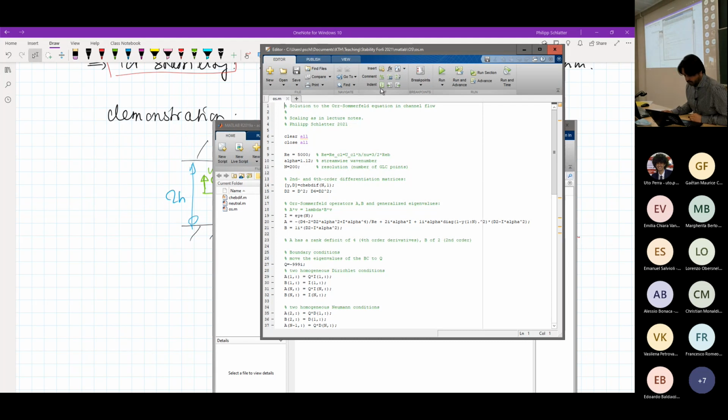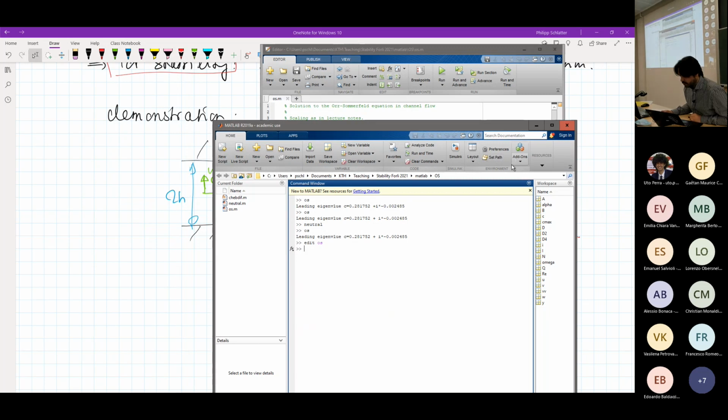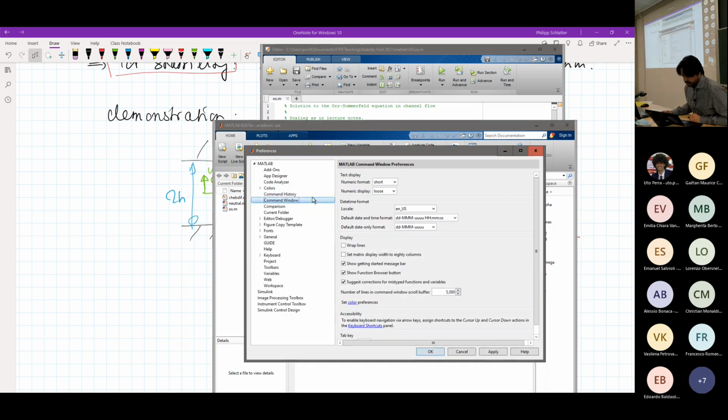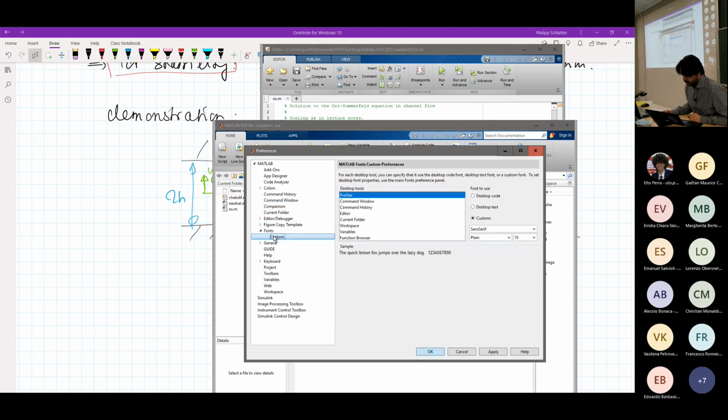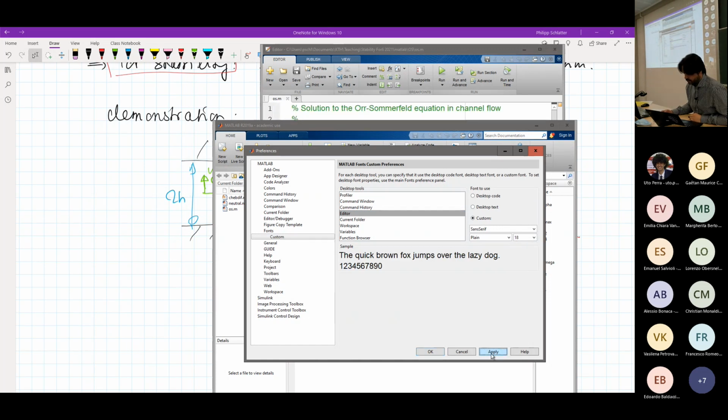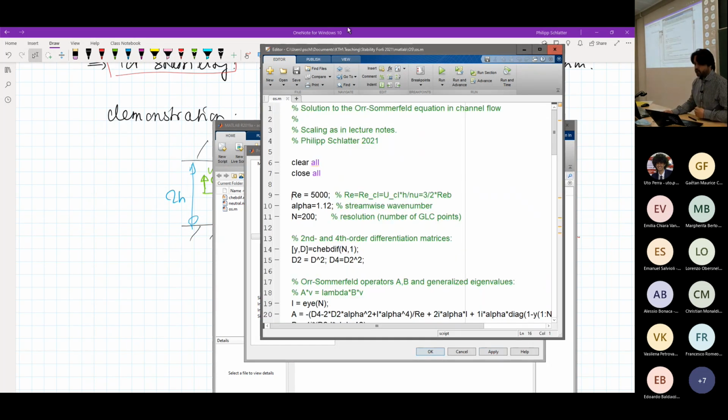Maybe control zoom in with the mouse. No, does not work. Maybe preferences. Fonts. Editor. Custom. So that's it. Okay, fair enough.